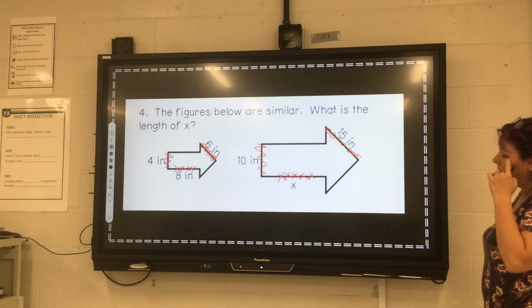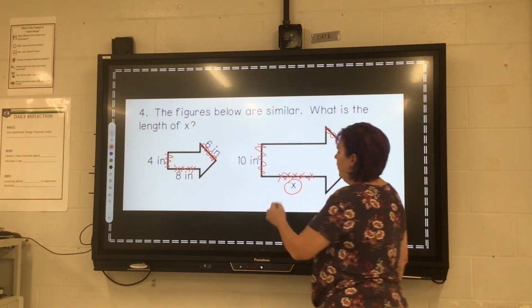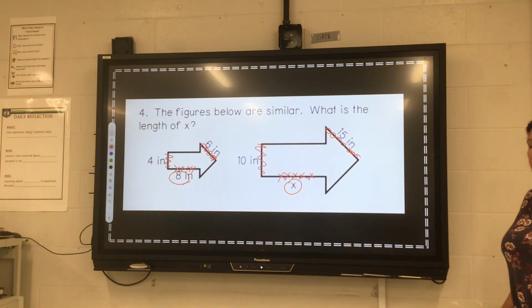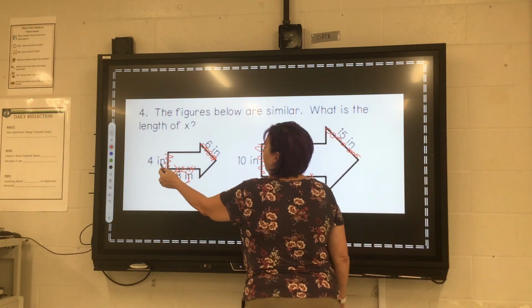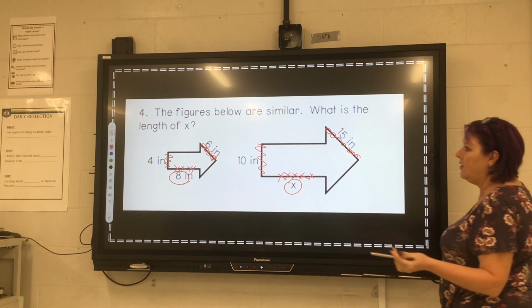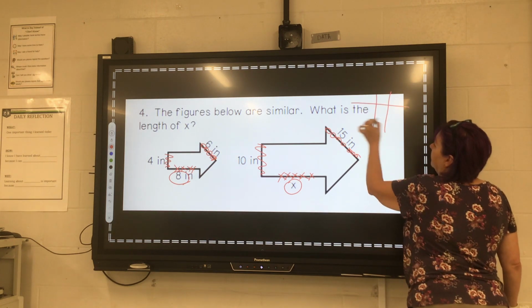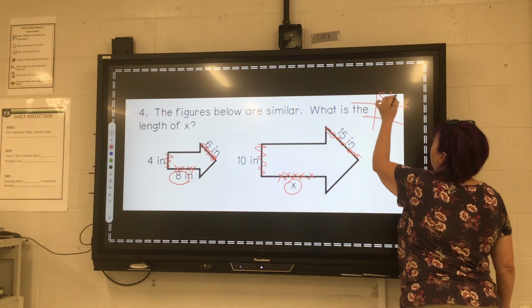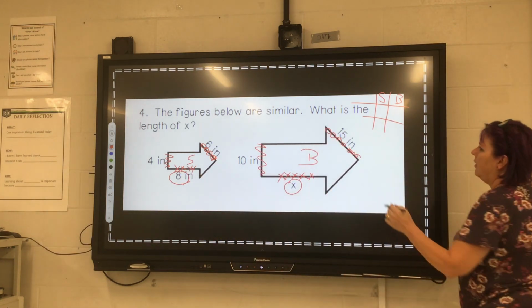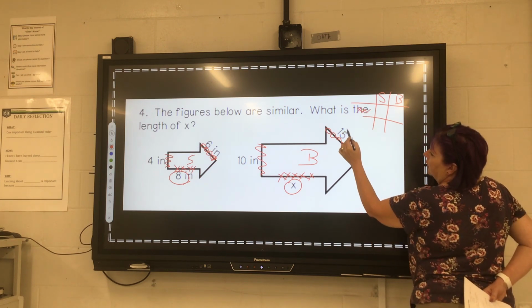Okay, now this number is what I'm looking for. So in that case, I have to use this one. For the other ones, as long as I use either 4 and 10 or 6 and 15, it doesn't matter. It's just whichever one you prefer. So we're going to draw my table, and we're going to do small and big, since I didn't label those. And then we're going to do X's, and we're going to do squigglies.